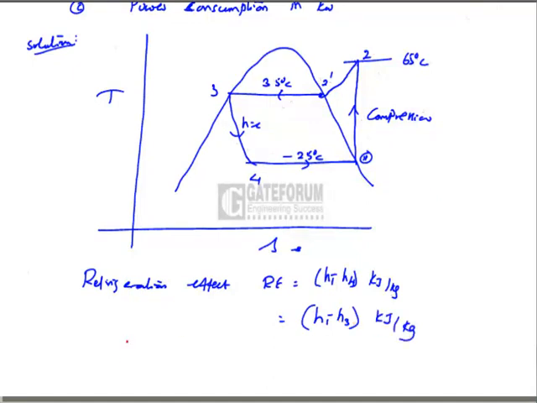H1 is Hg at minus 25 degrees centigrade, which is given as 176.5, the dry saturated vapor enthalpy. H3 is Hf at 35 degrees centigrade condensing saturation temperature, which is given as 69.6 kilojoule per kg.